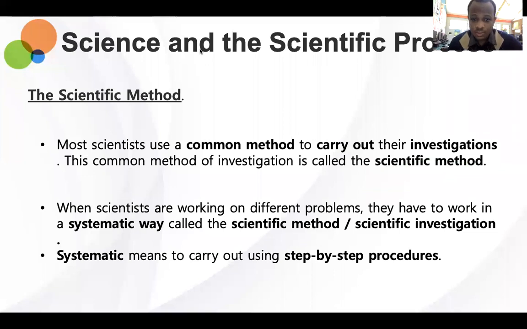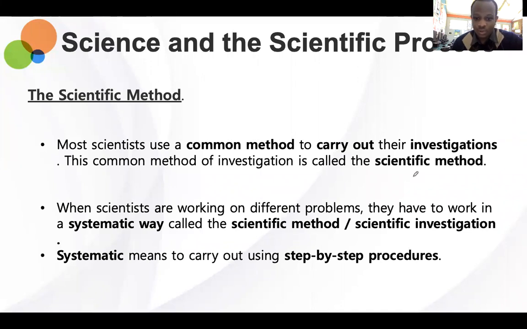Most scientists use a common method to carry out investigations, and this method is called the scientific method. Remember, we want to discover new things, but not using any random theory. We must prove a theory or carry out investigations in a certain way.